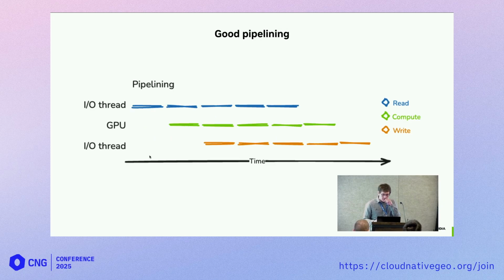With multi-core CPUs, but even more so with GPUs, we do have the ability, in some cases, to do pipelining. We're able to start reading the first chunk of data, hand that off to the GPU, and then that first I/O thread is going to immediately turn around and start loading the next chunk of data while the GPU is busy computing its result. When the GPU is done, it passes it along to some separate I/O thread or process to do the storing of the data.